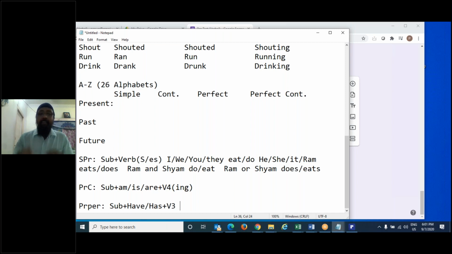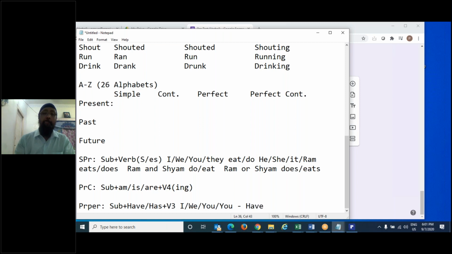Again, the rule here is not just singular or just plural. It is referring to the subject person as well, right? When I talk about I or we, when I talk about you singular, you plural, it always accepts have.